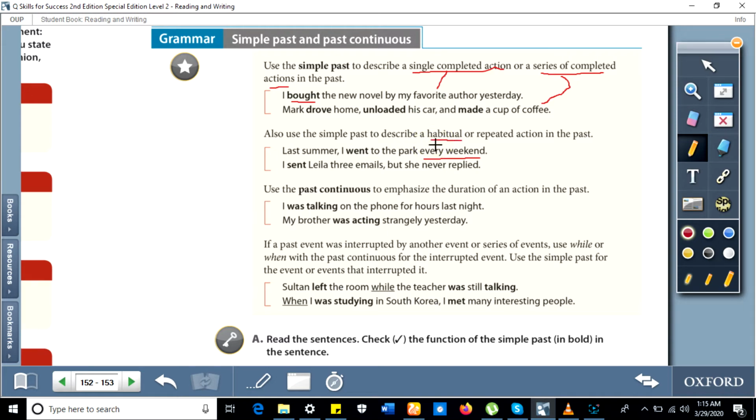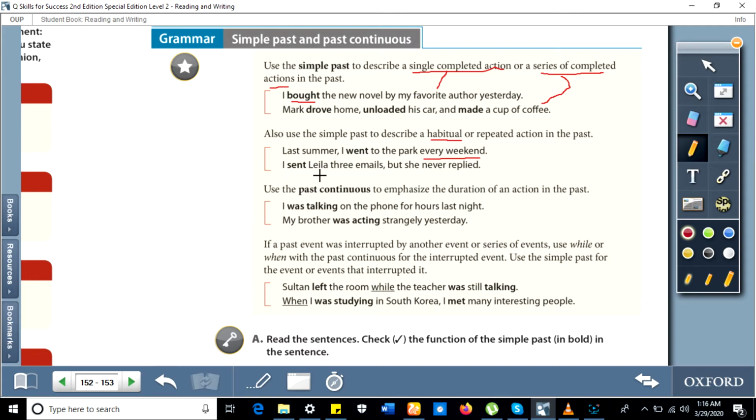Anything that is a habit, you can use simple past for this.